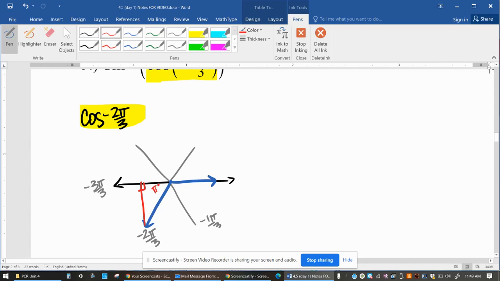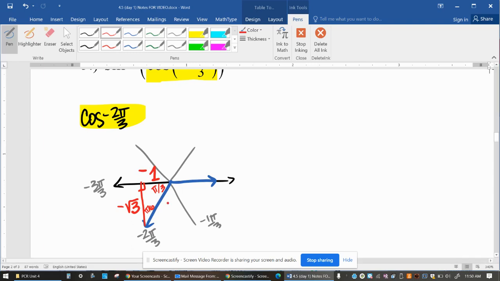This reference angle is pi over 3 because negative 2 pi over 3 is 1 pi over 3 away from negative 3 pi over 3. So remember, pi over 3 is 60 degrees. Across from 60 is root 3, but in this case it's negative. Across from the 30 is a 1, but in this case it's negative. Remember, when the side lengths are to the left or down from the origin, for the legs of the right triangle, those are going to be negative.